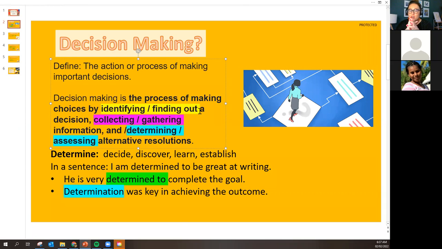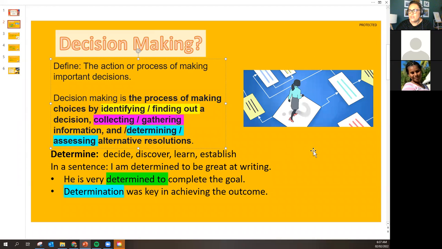And we've got the word collecting. So when we're collecting something, another word you could use is gathering. We're gathering, collecting information. And the word determining. So determining means we really want to find out exactly what it is that we're looking for, the right decision. We're selecting, we're looking really closely.